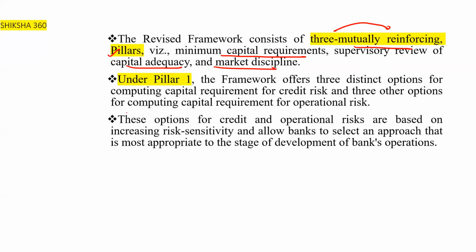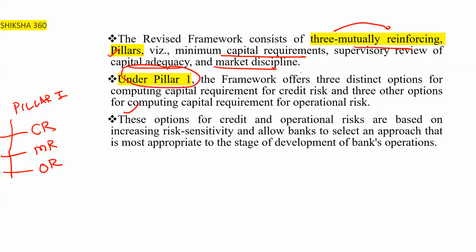We have already discussed pillar 1. Pillar 1 consists of credit risk, market risk and operational risk. Under pillar 1, the framework offers 3 distinct options for computing capital requirement.